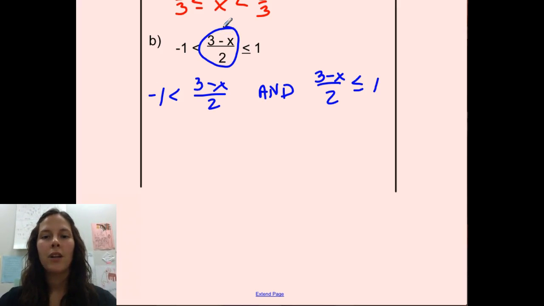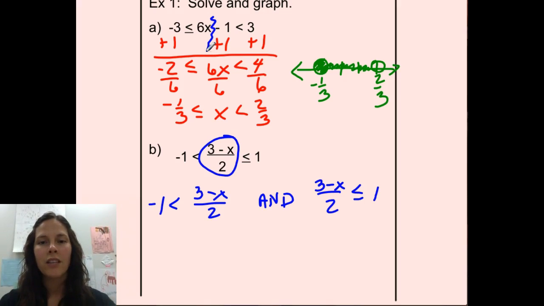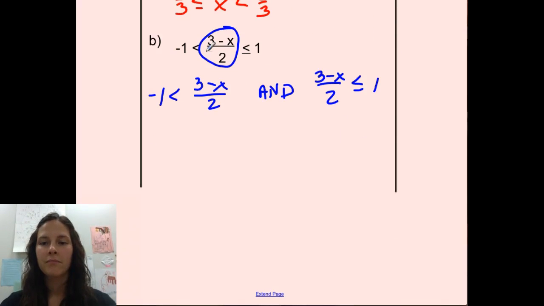I see a lot of students try to split it in the middle of the expression that's in the center of the inequality. So be very careful that all of that expression needs to go together, and you will go from one end of the inequality all the way up to, but not including, that second inequality when you're splitting it. And then you will solve the two inequalities separately.